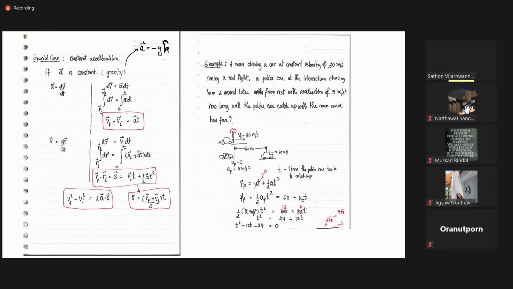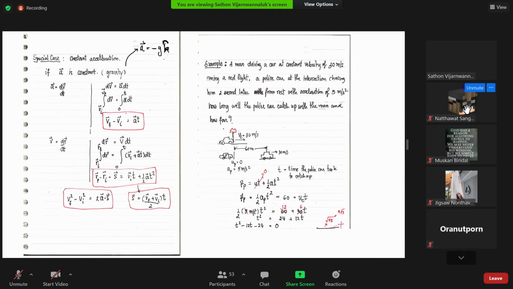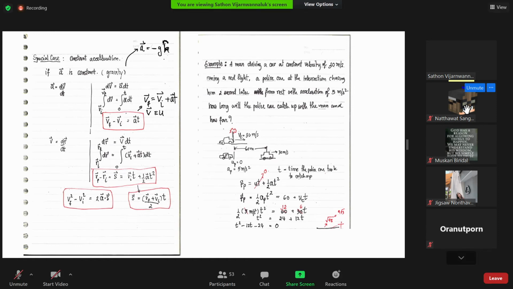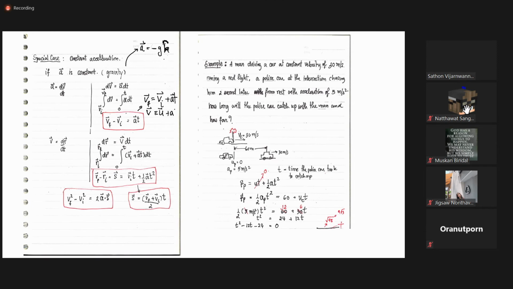This can also be written as Vf equals Vi plus At. Some of you might know it as V equals U plus At. And I still have the vector symbol on.